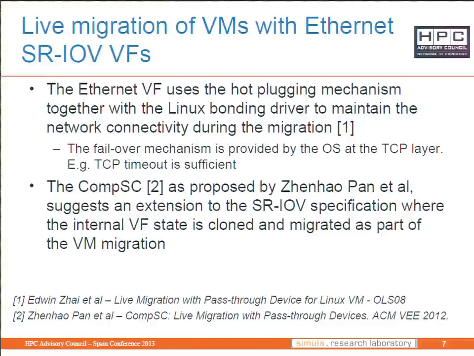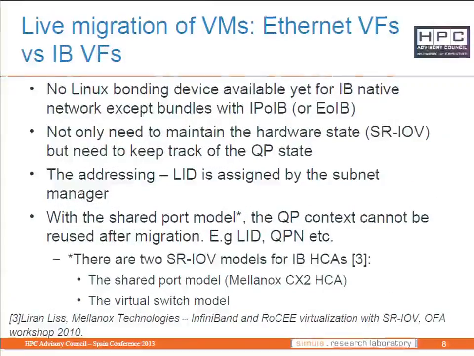So when the virtual machine moves to the remote hypervisor, then a new virtual function is reattached, and again the traffic goes through it. Also in another paper here, to solve this kind of problem, an extension to the SR-IOV specification has been proposed, where the internal virtual function state can be cloned when we migrate VMs.